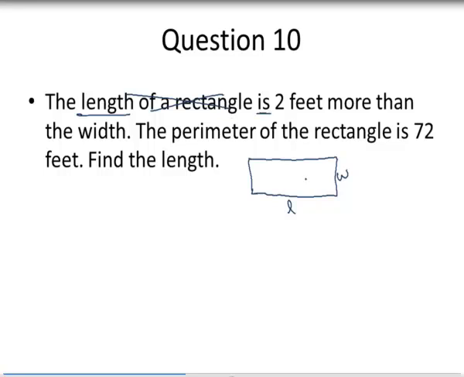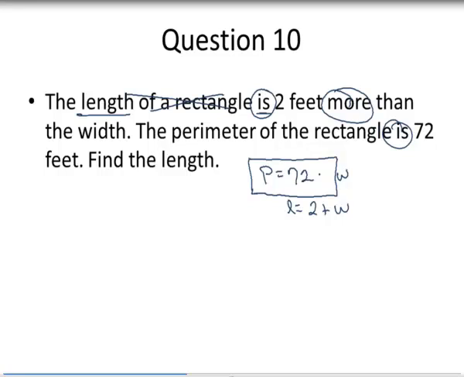The length is 2 feet more, means 2 plus, than the width, 2 plus W. The length is 2 feet more than the width. So the key words there were is and more. The perimeter is, again, is means equals 72.